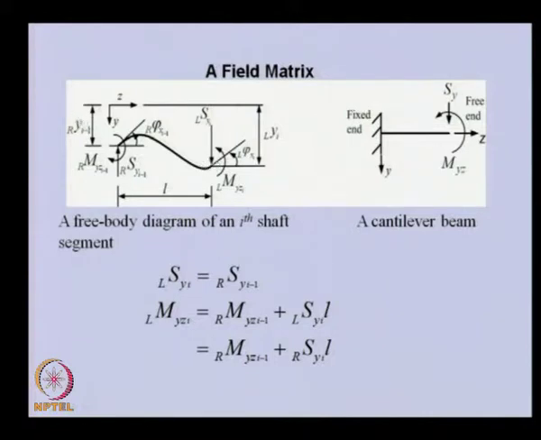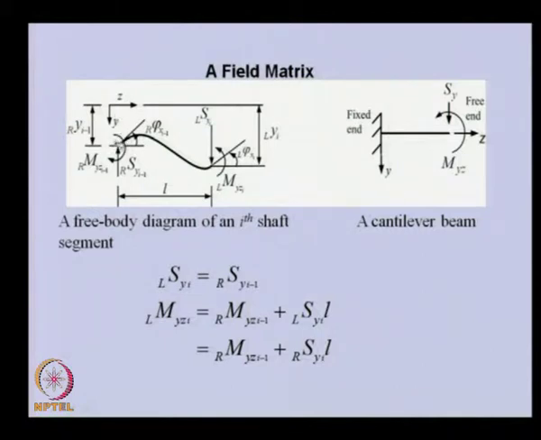To represent the various field or state variables, we use the subscript right or left with respect to a particular disc. Here we have the i minus 1 disc.